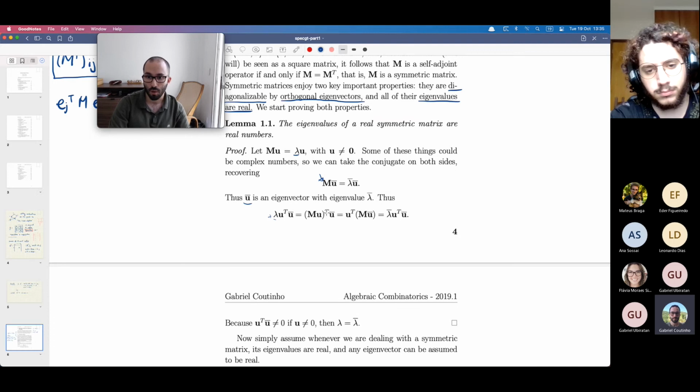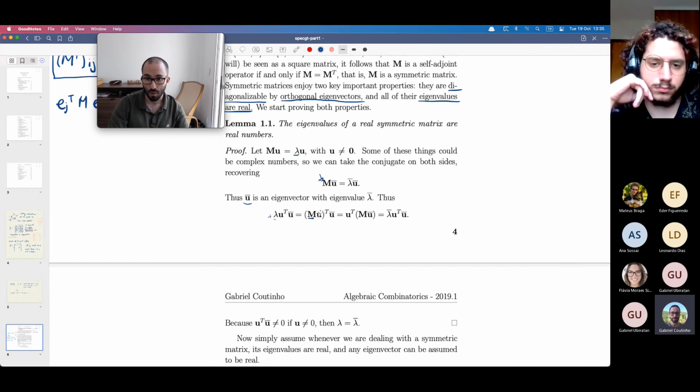Now, what am I doing? I'm taking this transposition, so u transpose M, M is symmetric, so M transpose is actually equal to M, right? And then here I have M times u bar, which is, well, u bar is an eigenvector with eigenvalue lambda. This is what I get on the right. So I get these two things.